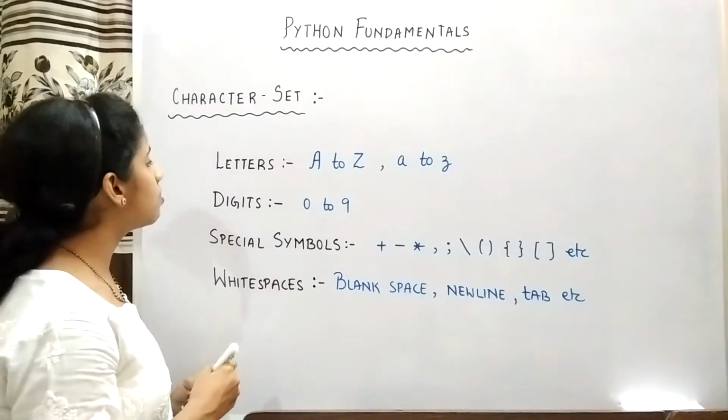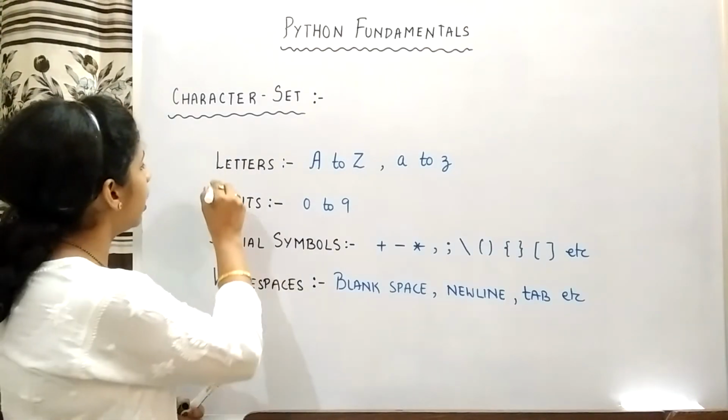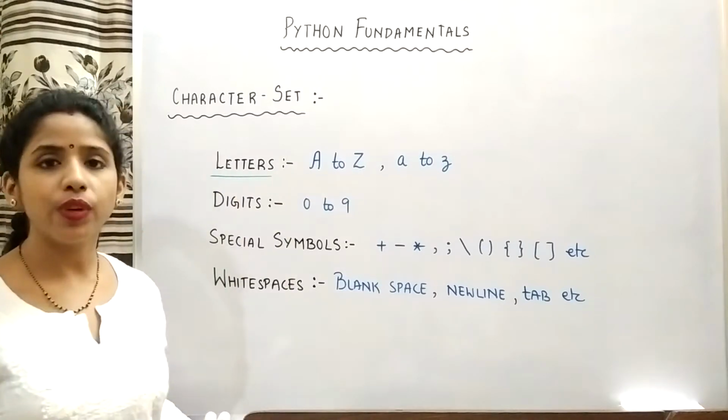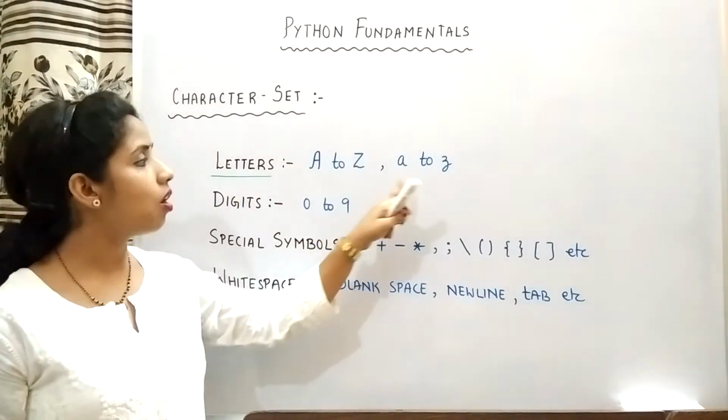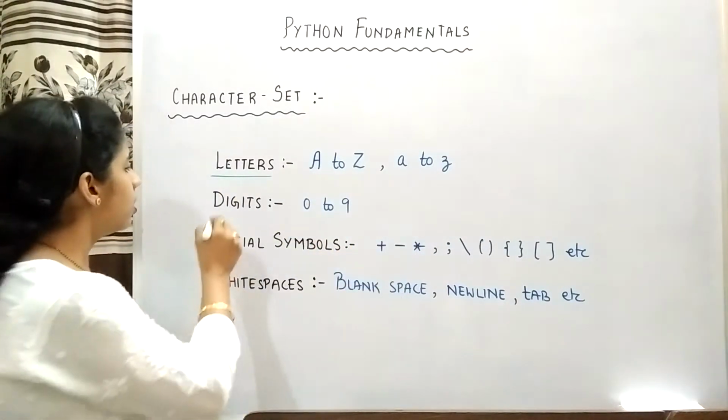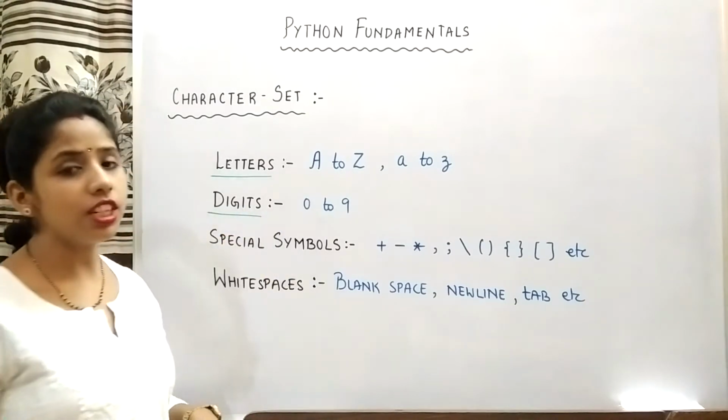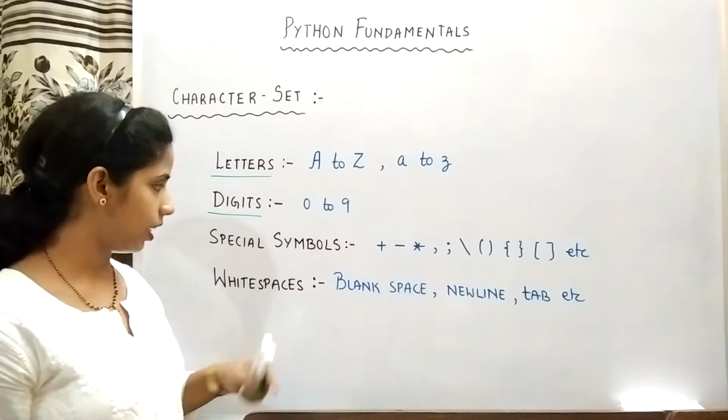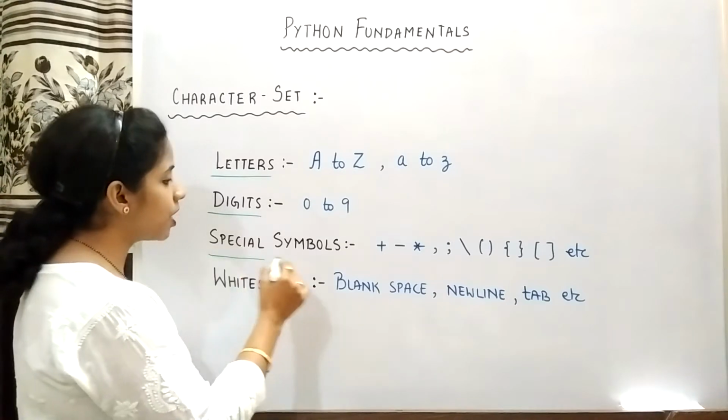The first thing that comes is letters. Letters, very common, capital A to Z or small a to z. Then comes the digits. Digits are from 0 to 9. Then comes the special symbols.